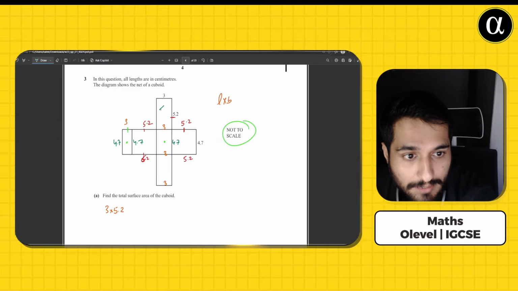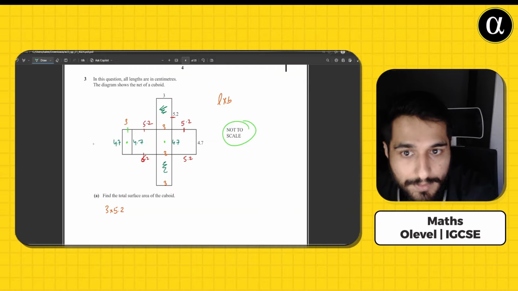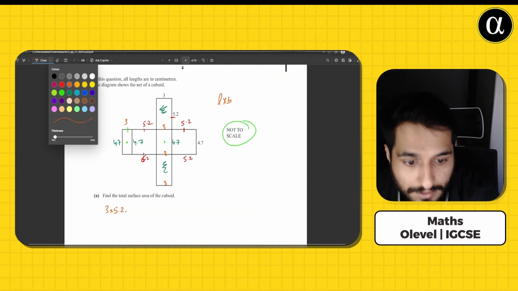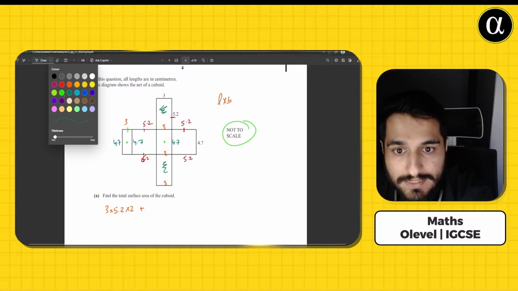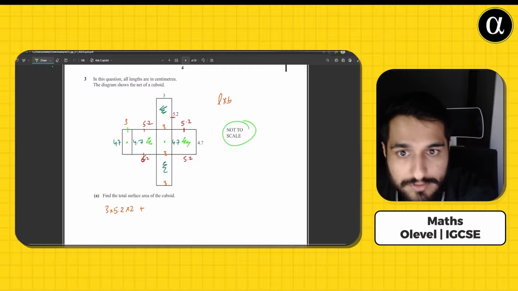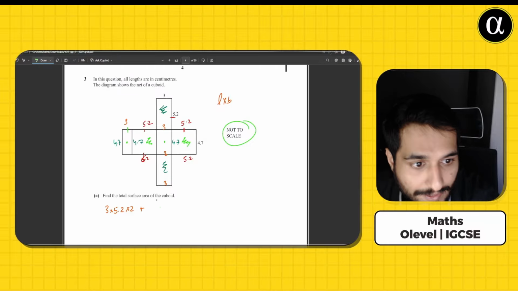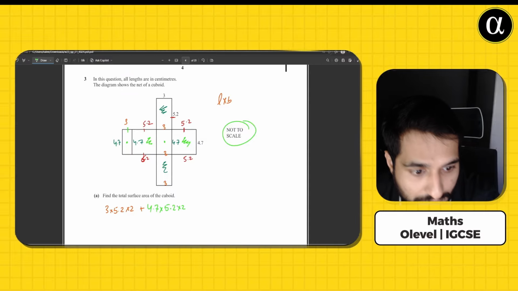Because this shape is going to be the same as this shape, so multiplied by 2, plus what else can we do? We can say that this shape is going to be the same as this shape, and this is basically 4.7 into 5.2 and multiplied by 2, because we have two such shapes.